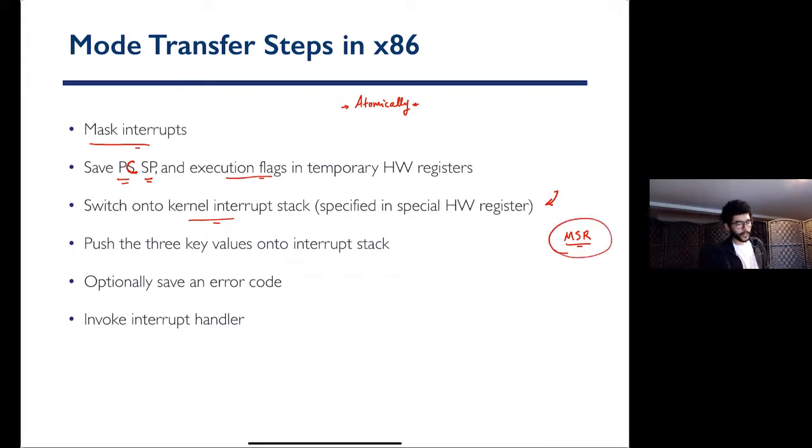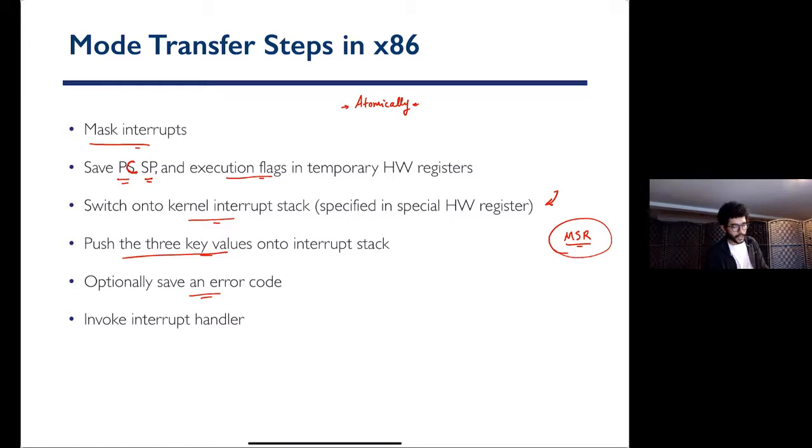Okay, so here the hardware switches to that stack pointer and then pushes these three values onto that stack. Optionally, hardware could also save some error code. Let's say if it was an exception, you want to say which exception it was, or if it was an SVC, you want to say which SVC it was, 0, 2, 1, whatever.